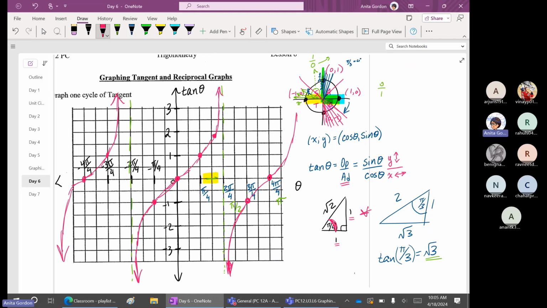To the left of the 0, we're going to go down. So this is the general shape, it's based on the slope of the line.